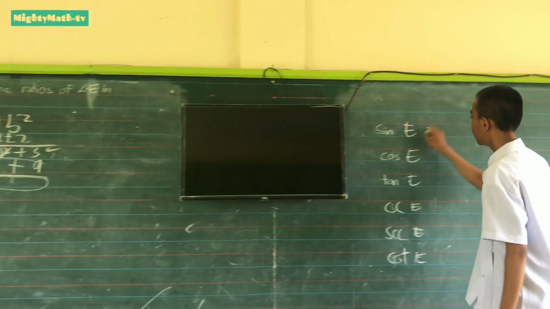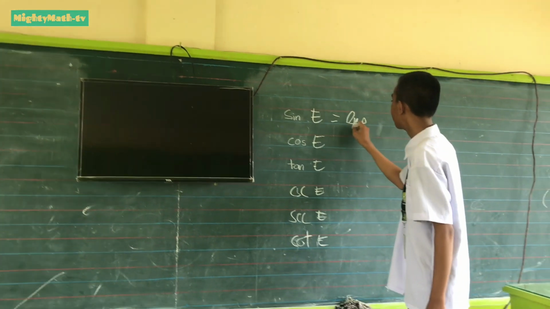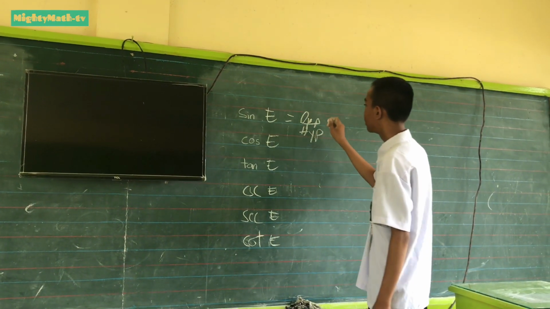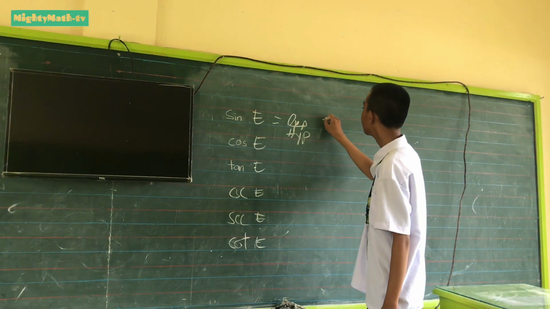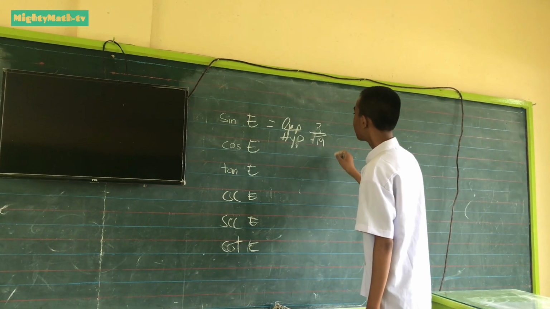Now with that information, we know that the sine is opposite over hypotenuse, and our opposite is equivalent to 3, and our hypotenuse is square root of 19.